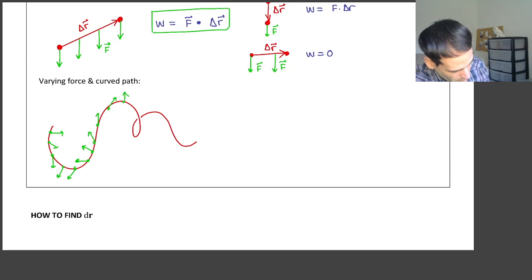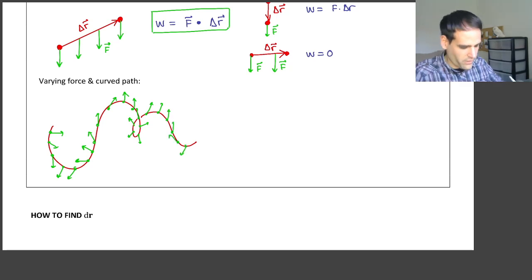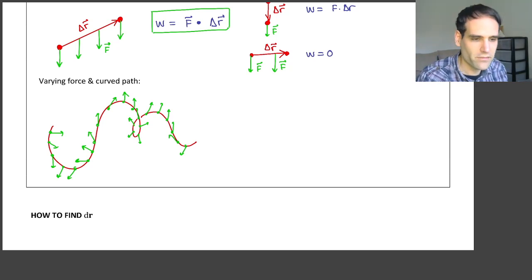Maybe this is an electric force, and we have a strange electric field which depends on position.